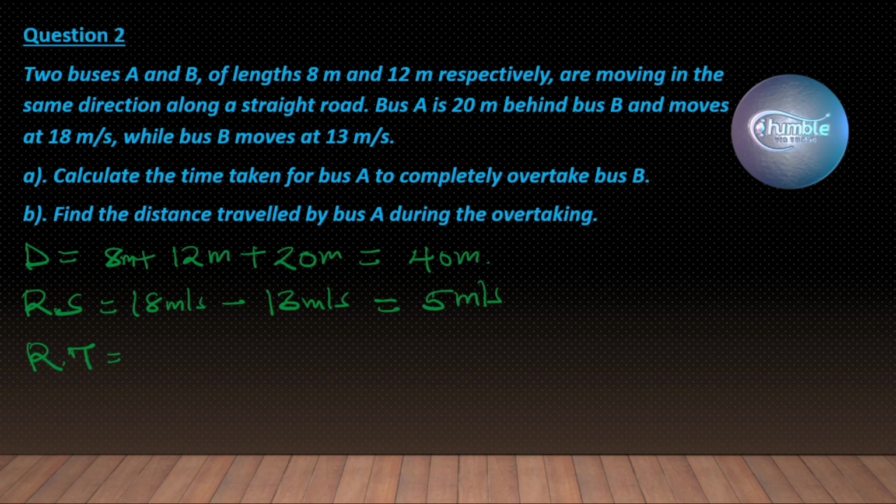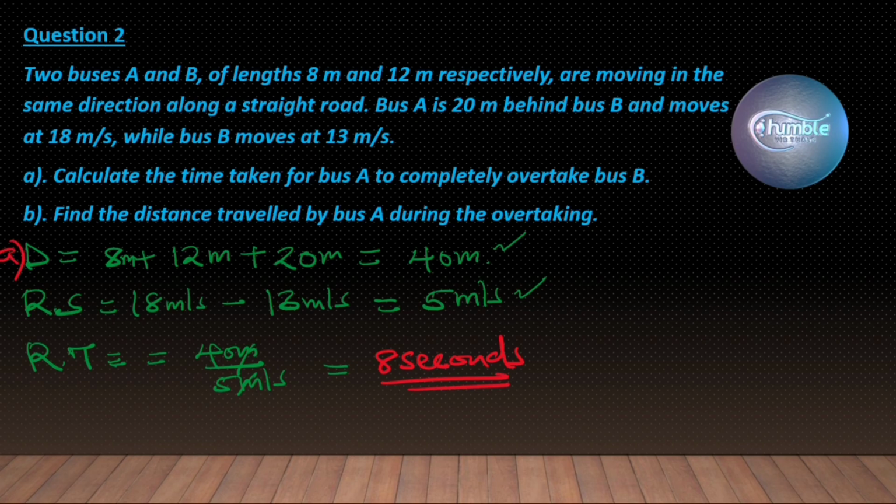Time for overtaking is also called relative time, is equivalent to relative speed, total distance, which is 40 divided by speed. So that is 40 meters divided by 5 meters per second, which is equal to 8 seconds. So it will take them 8 seconds to overtake. That is for part A.